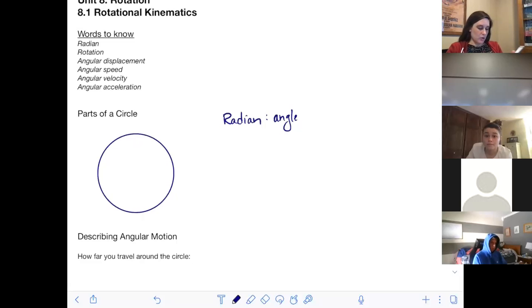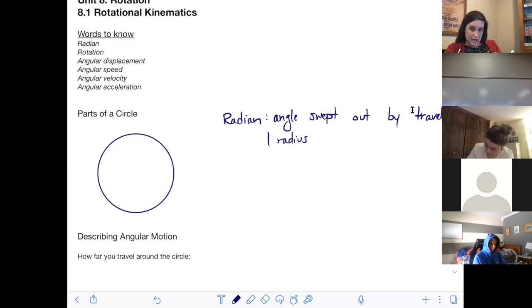Okay. So a radian is the angle swept out by traveling one radius of arc length along the circumference of a circle.